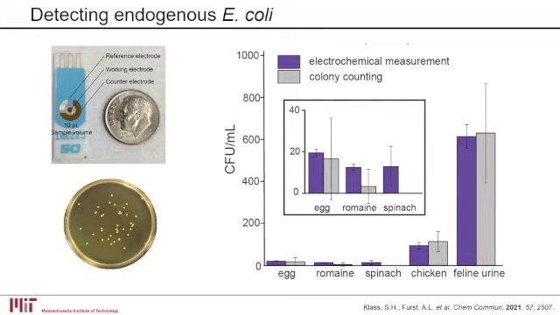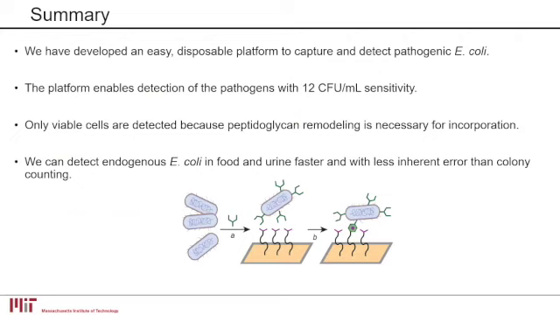And we were able to get a feline urine sample that was confirmed to have an E. coli UTI from the vet. And as you can see, for all of these foods, our electrochemical measurements track very well with the colony counting, but one thing you'll notice is that our error is an order of magnitude lower. So ours gives you much more precise measurements.